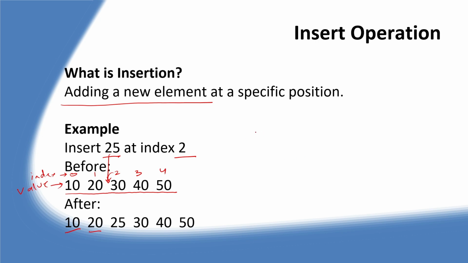So we have 5 positions. Currently it is 10, 20, 30, 40, 50. This is the current array, with index 0, 1, 2, 3, 4. Now the size of this array is 5.